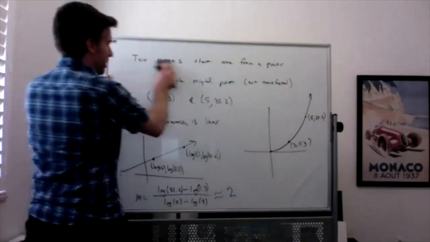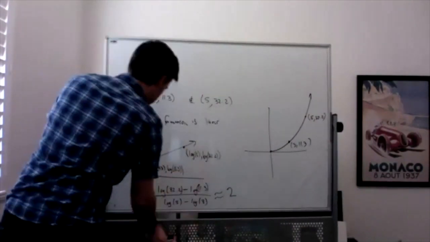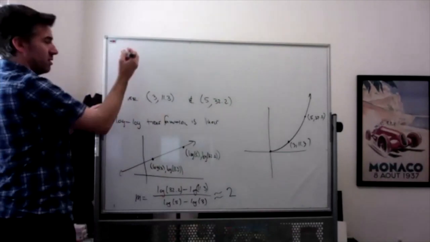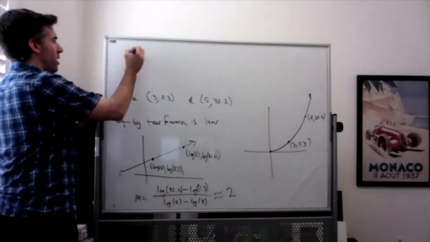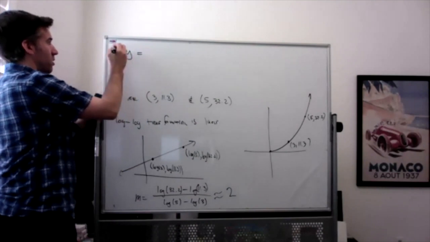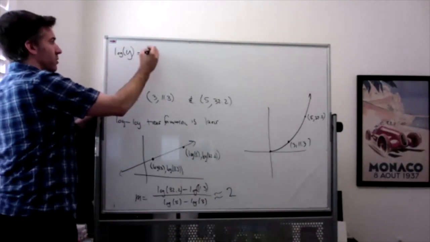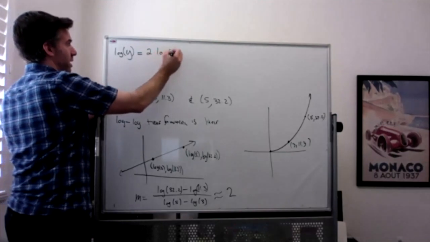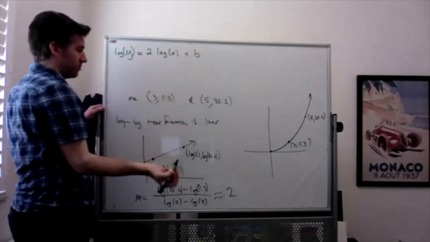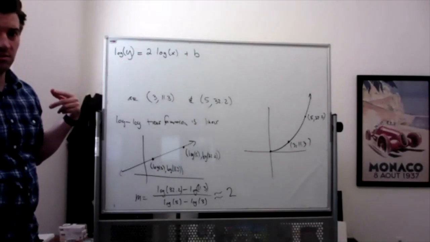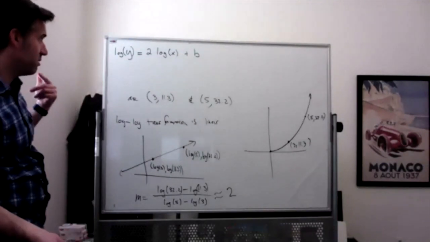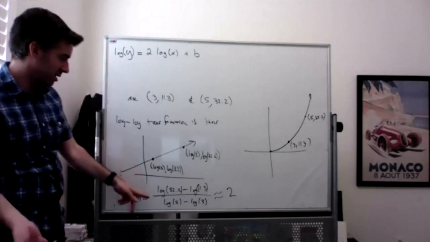And so then we know our equation, so this actually is a little extra tricky. We've got log of y equal to 2 times log of x plus b. We don't know what b is yet. You could find b by plugging in either one of these points.